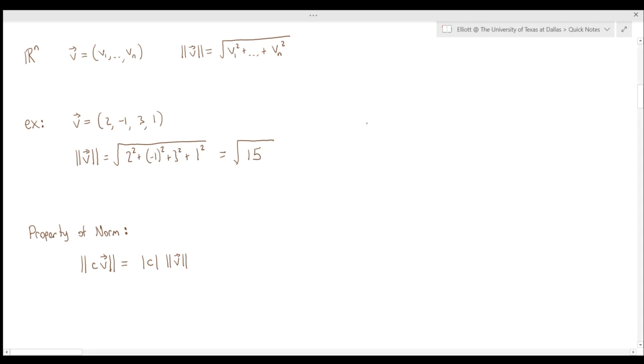Now, going back to this example here, we saw that this vector v has a length equal to the square root of 15.